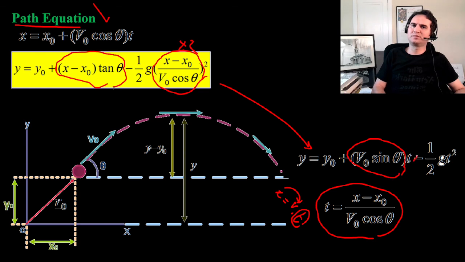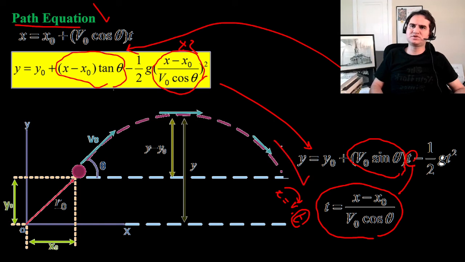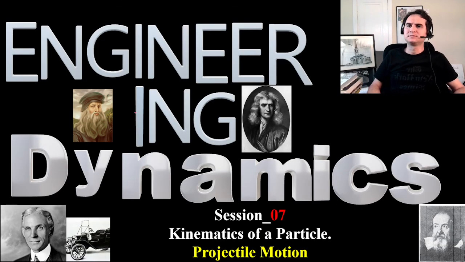If you replace t with this value in this equation, it gives you the same x minus x naught times tangent of theta, and a simplified version of that equation is y is equal to y naught plus v naught sine of theta times t minus a half of g times t squared. That's the path to the peak, or the equation of path.